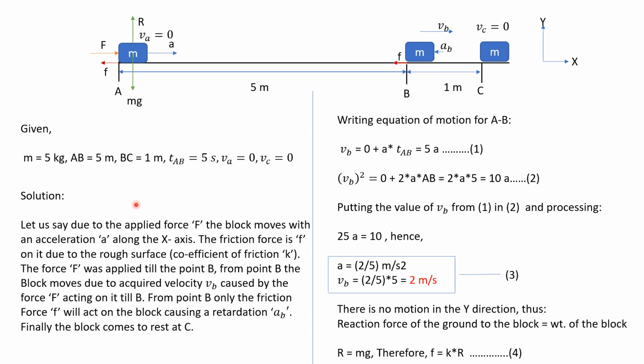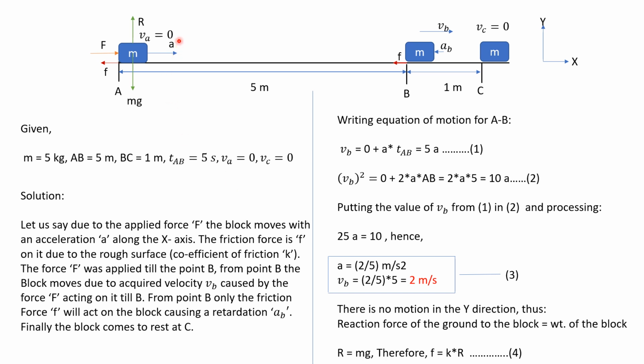In the question the mass is given, which we represent with m equal to 5 kg. AB is given as 5 meters. BC is given as 1 meter. The time for the block to reach from A to B is given, that is 5 seconds.